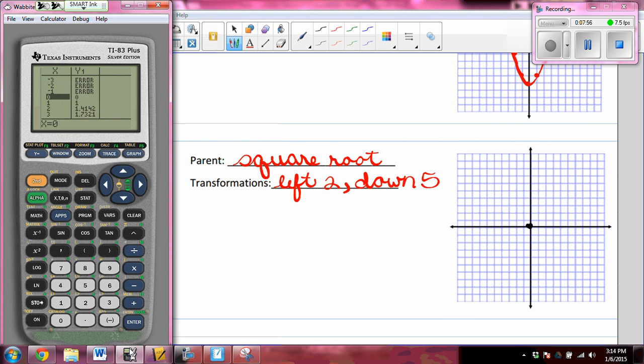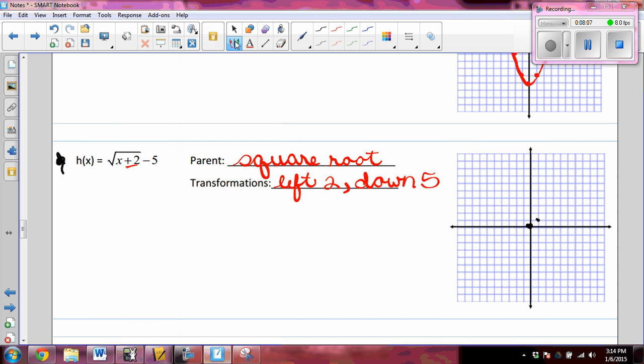And then I have 1, 1. And I have probably not much else that easily fits on my graph. 4, 2. And then I can sketch my graph from here. It looks like that.